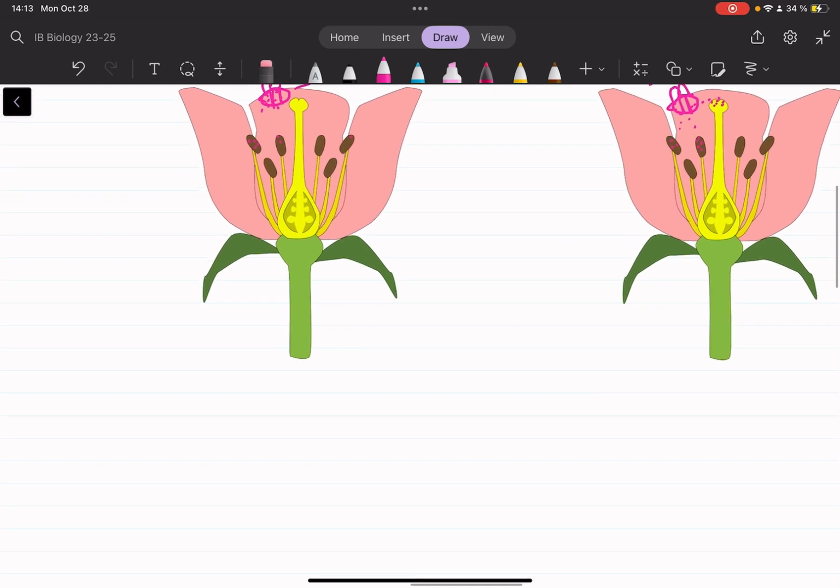The method which is more to avoid self-pollination is maturation periods. Sorry. Let's say this is flower number 1 and this is flower number 2.